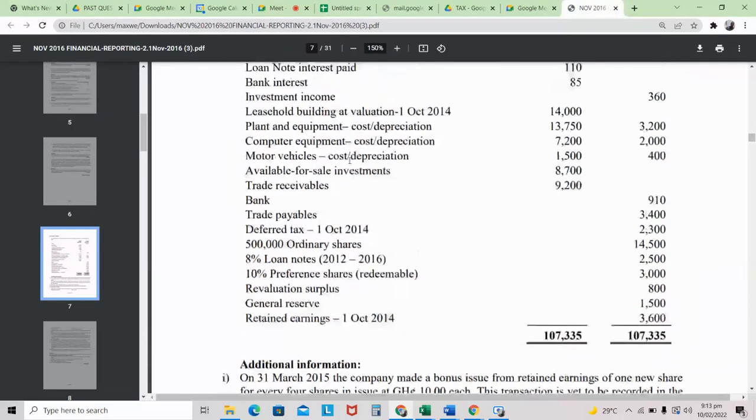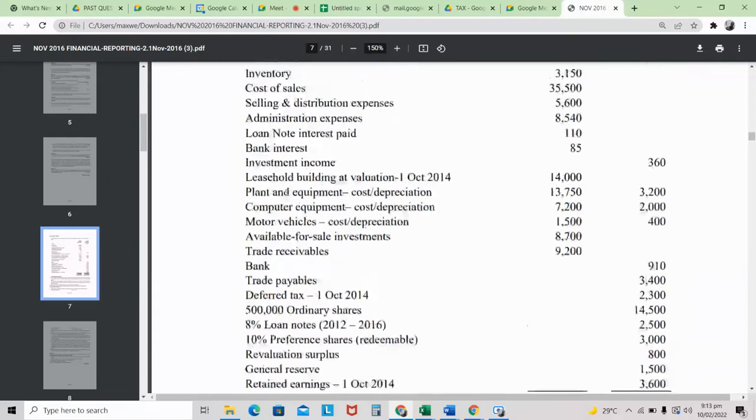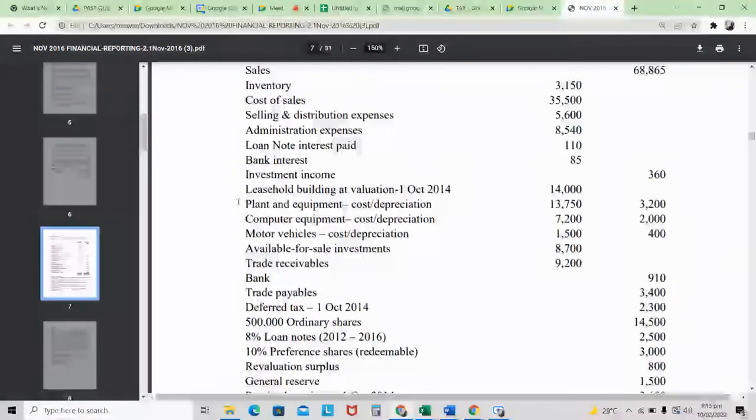You have to find it in the trial balance. This is our plant and equipment. The cost is 13,750. This is the cost.